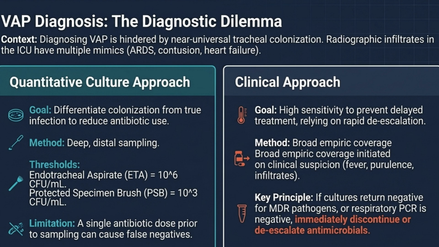VAP diagnosis is difficult because tracheal colonization is nearly universal in the ICU. You can use quantitative cultures with a threshold of 10 to 16 for ETA to differentiate colonization from infection.